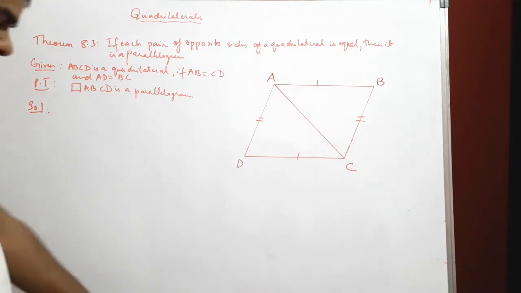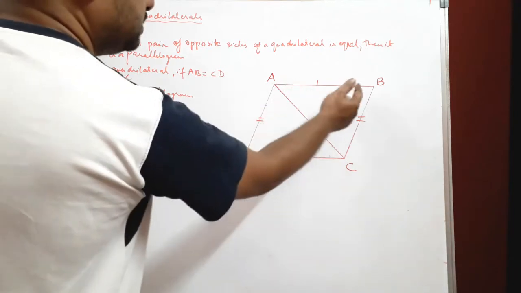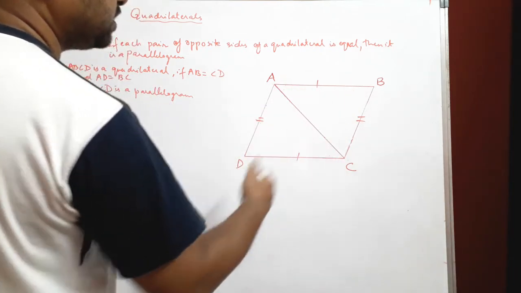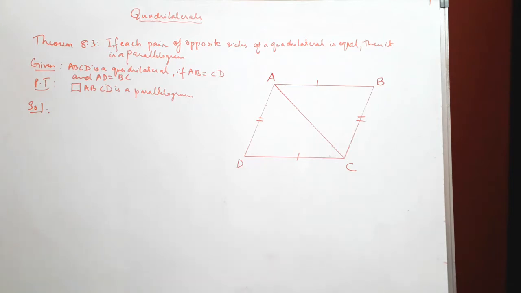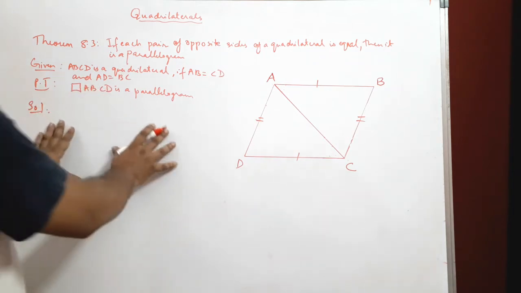So by the converse of the alternate interior angle theorem, we can say that these lines are parallel to each other, and since they are parallel, it's a parallelogram. Let's first try solving it.